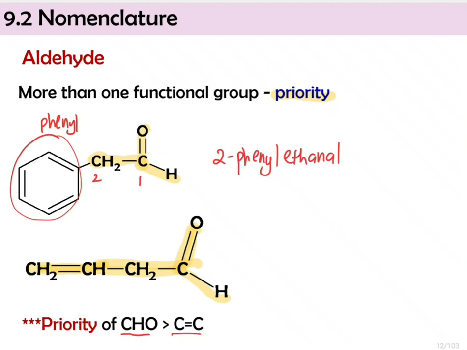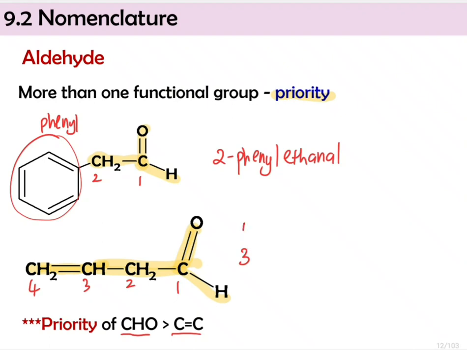The numbering, ini numbering mesti start daripada mana? C double bond OH. Sebab itu yang akan jadi parent. So 1, 2, 3 and 4. Since carbon nombor 3 ada double bond, we have to mention the number for the position of the double bond, C double bond C. Jadi 3. Nombor 3 ni bukan position C double bond OH tau.